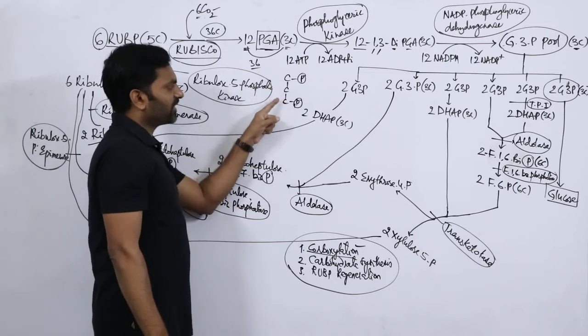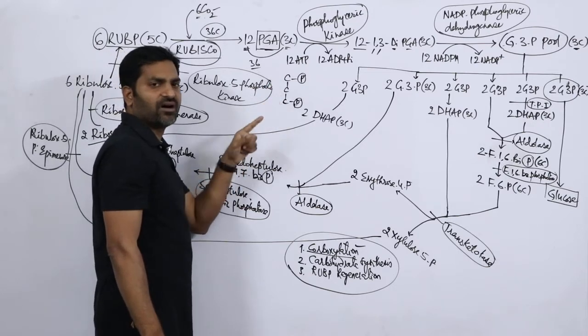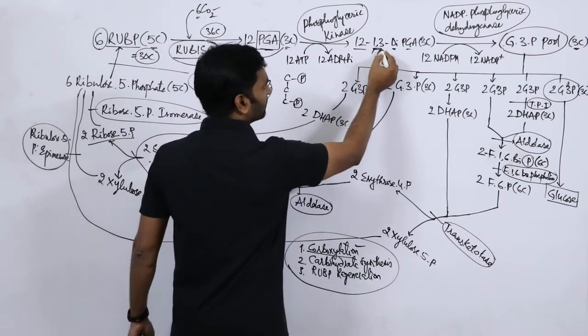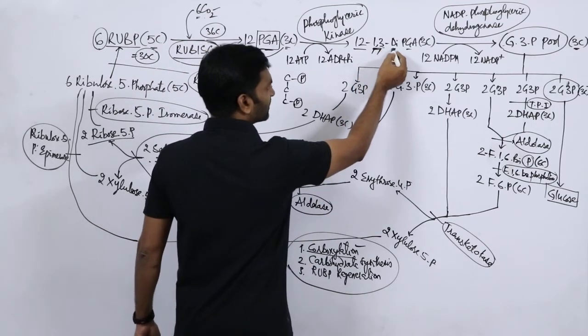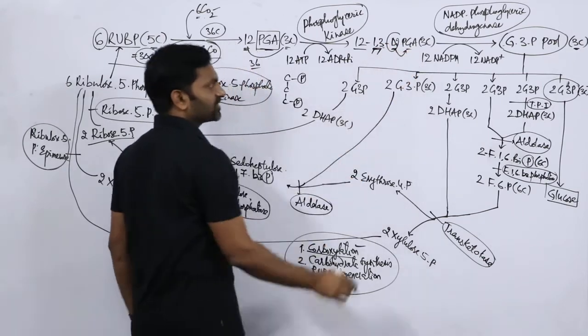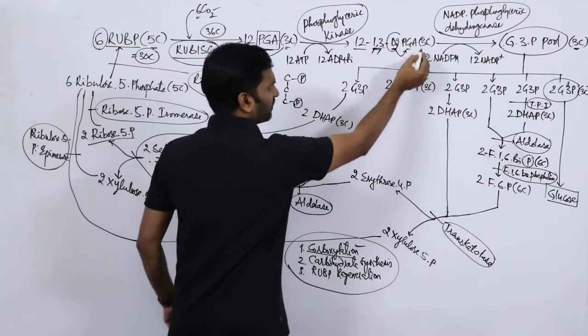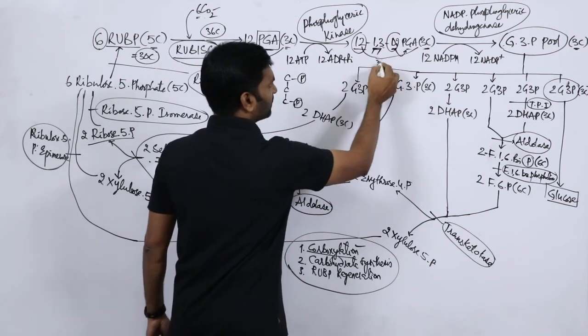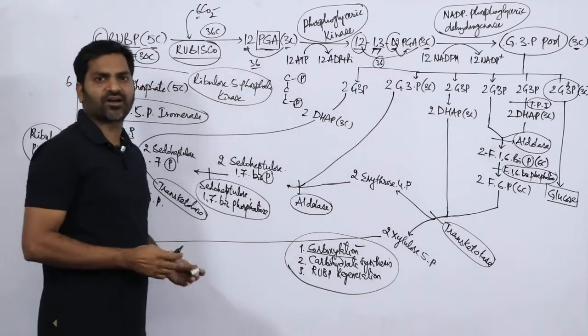Both the first and third carbons are attached with phosphates, hence 1,3. There are 2 phosphates, hence diphosphoglyceric acid. Simple: 3 carbons, 12 moles, 12 into 3, 36. There is no change in the carbon number.